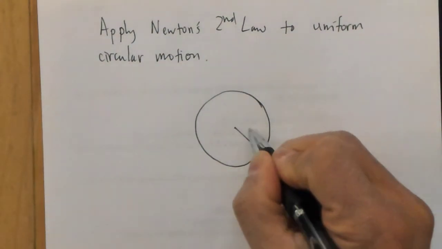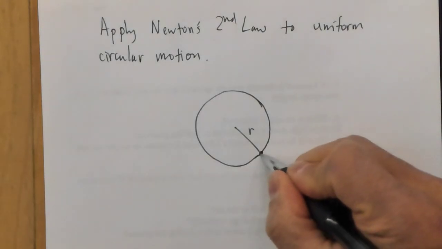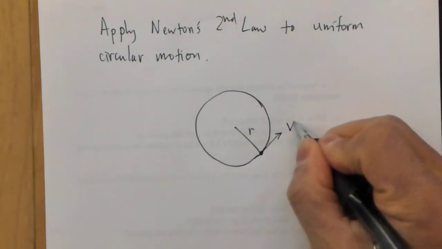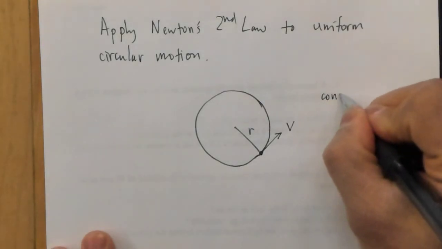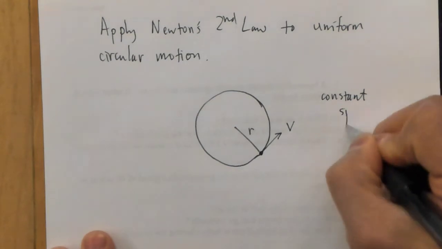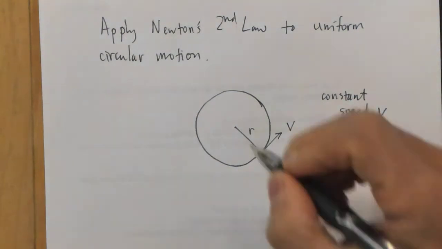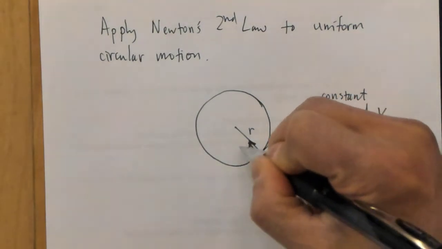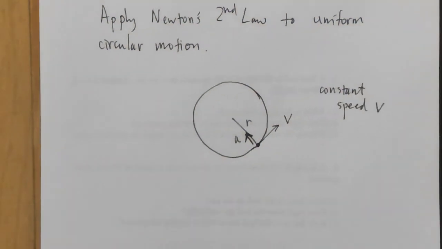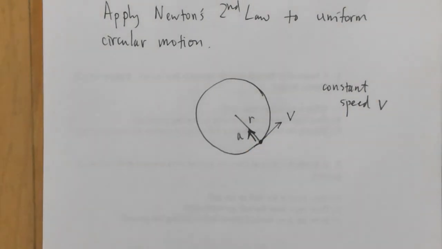Okay, so we have a circle. Remember, uniform circular motion, the deal is we have something going around a circle. The velocity is tangent to the circle. The speed remains the same, so constant speed. Speed is the magnitude of the velocity. And we have acceleration, which is called the centripetal acceleration. There's no tangential acceleration in this case because it's constant speed.